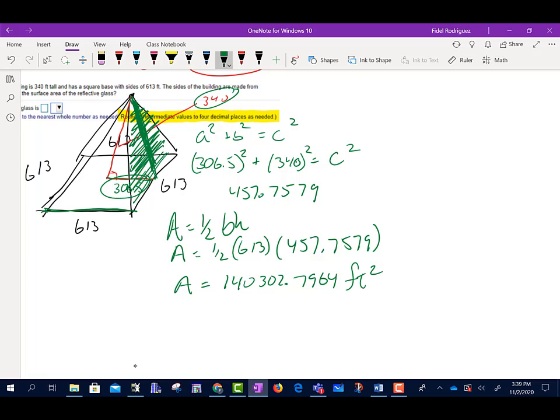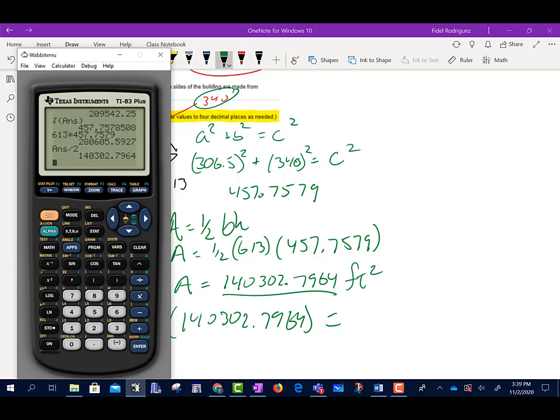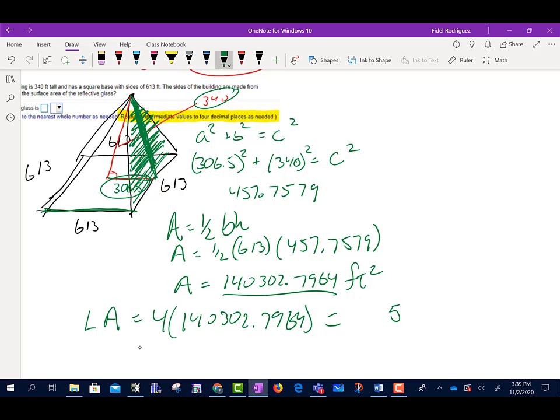How many sides do we have, though? We have 4. So now I'm going to take 4 times this number right here, times 4. And now I'm coming up with 57211.1856.